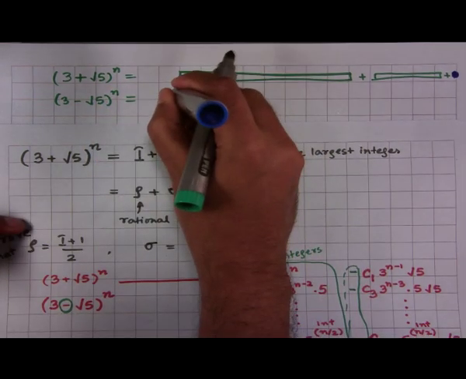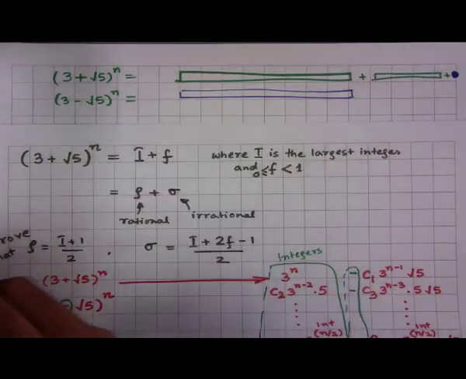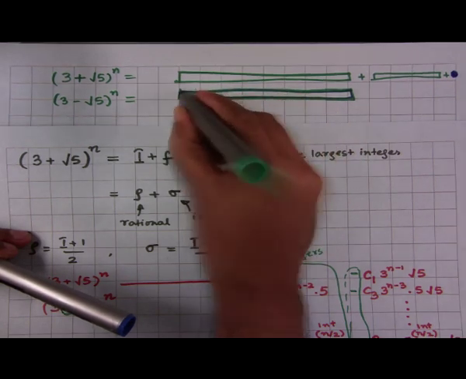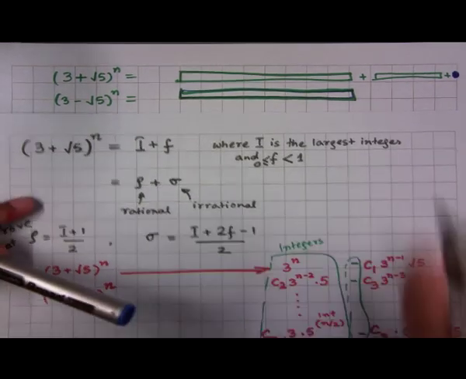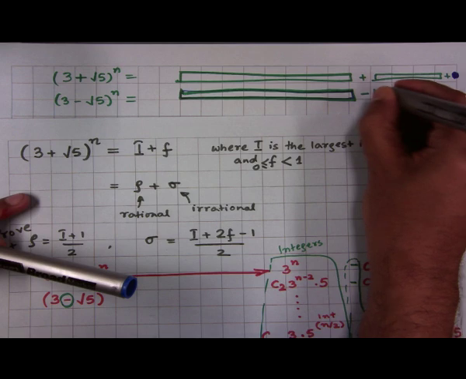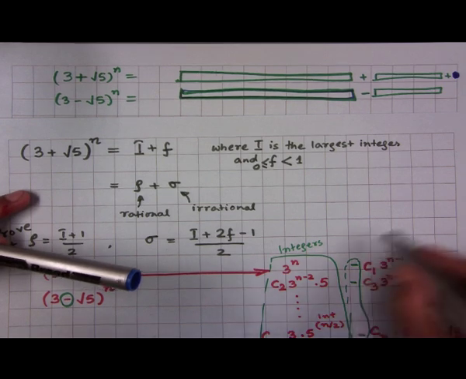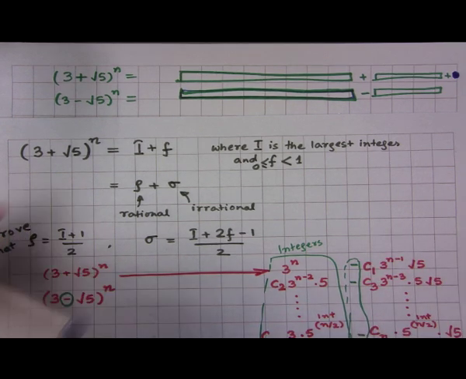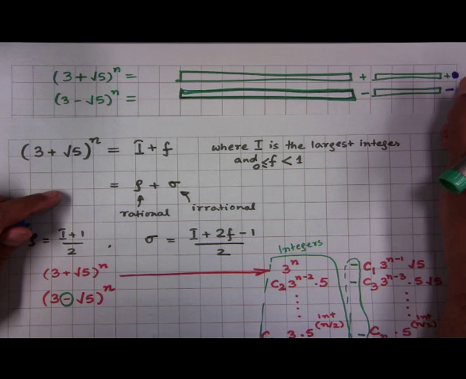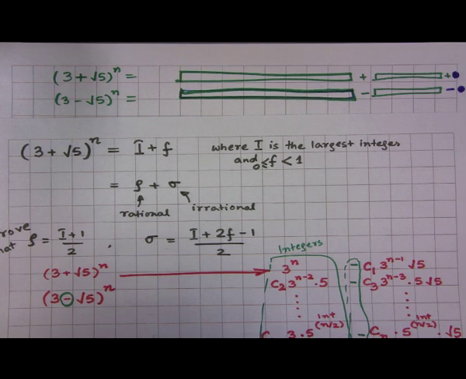You will get the same integer, sorry, this should have been in green, the same big integer which is the integer part, and then over here I will have minus this integer which is the integer part of the odd terms, and then I will have a minus the same fraction, the same blue dot.